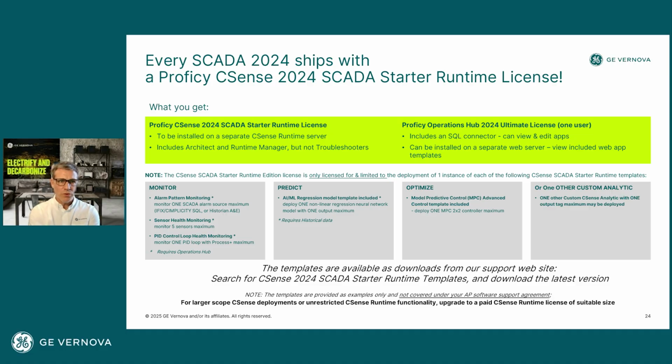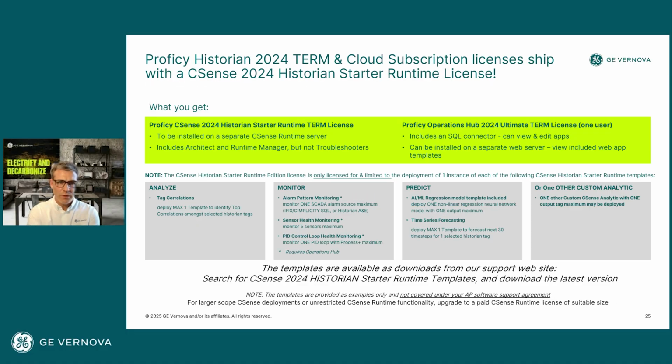We are doing exactly the same for our Historian, but in the case of Proficy Historian customers, we are only doing it for those investing in the latest version of Proficy Historian, 2024 or later, since 2025 has just been released, on term or cloud subscription licenses.